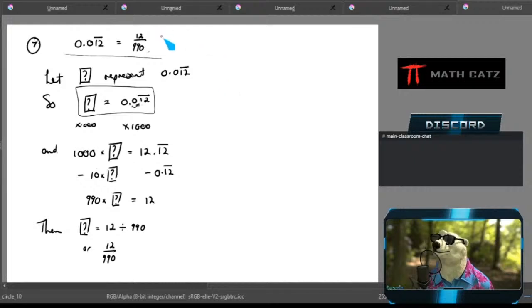Then it never becomes an issue of filling in gaps and patterns and shortcuts. It's always the same thing. I literally remember one thing, the steps, the recipe, regardless of what fraction or decimal you give me here. Some might be repeating, some might not, all kinds of variety. Nothing changes for me. The steps are always the same.